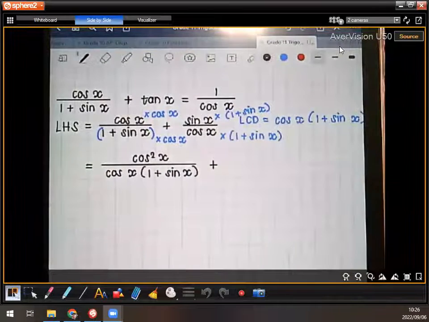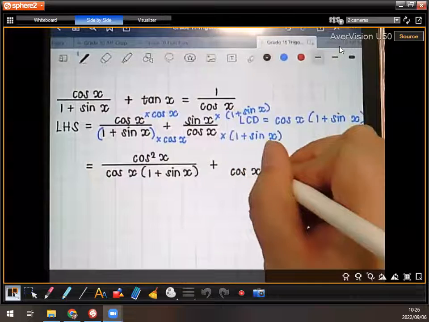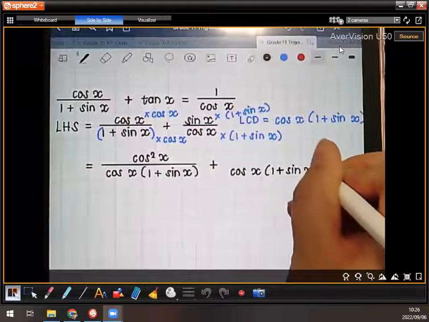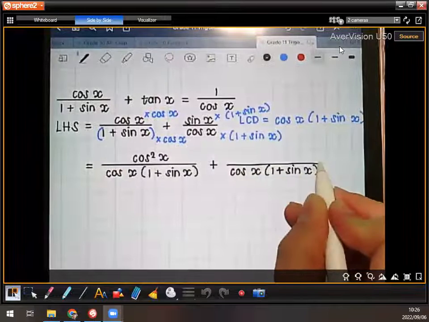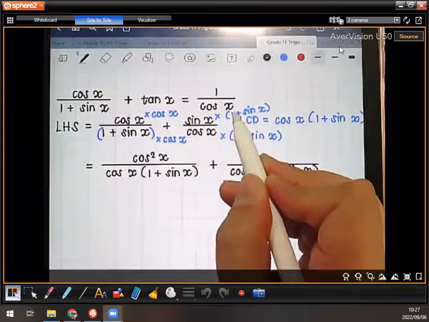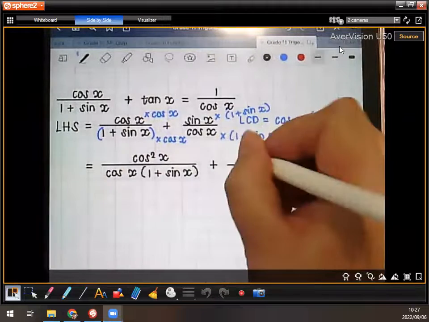Plus, for my next fraction, I'm also going to have the LCD as the denominator. So cos x times 1 plus sine x. And at the top, what's sin x times 1? Sin x, and sin x times sin x is sin squared x.